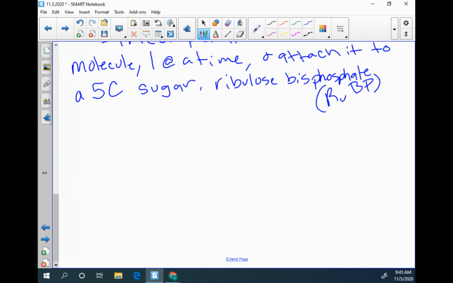The enzyme that does this is really important. If you take one fancy chemical name from this process, it is the name of this enzyme. The enzyme that fixes carbon is called Rubisco.